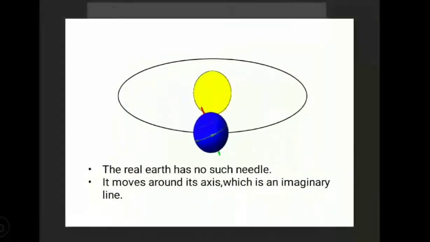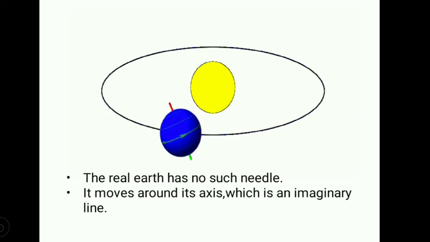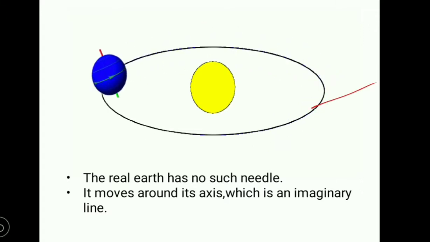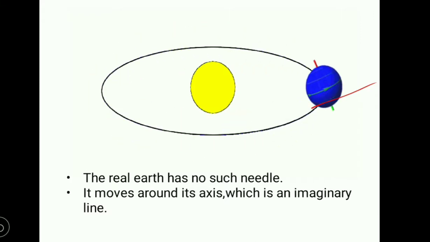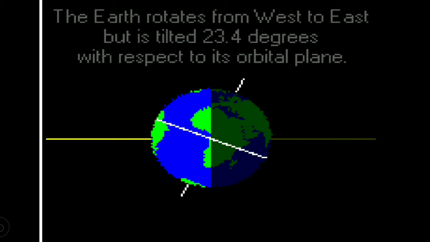And next we go through how the real earth has no such needle. So this is the earth, but we have no needle inside the earth, and it moves around its axis, which is an imaginary line. Just observe the figure here. This is the imaginary line. So it rotates on its imaginary line.